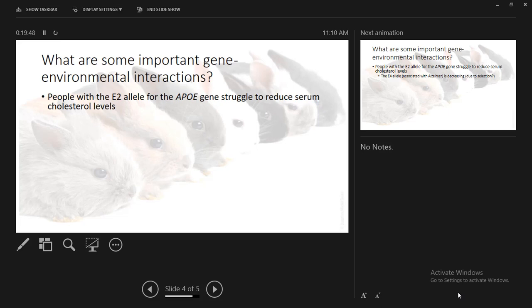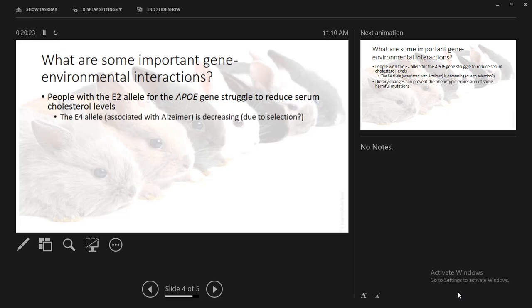People with the E2 allele at this APOE gene have a reduced probability of developing Alzheimer's. However, they have an increased probability of having really high serum cholesterol levels, which means they have an increased probability of developing atherosclerosis and other types of cardiovascular disease that correlate with high serum cholesterol levels.